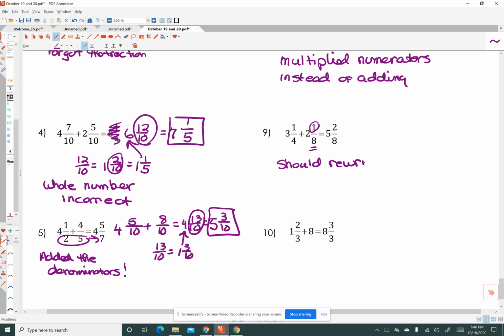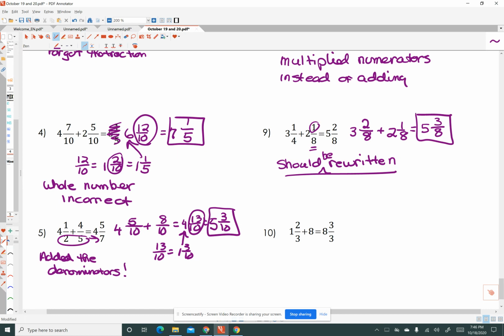So eighths is the correct new denominator, so it would be 3 2/8 plus 2 1/8 would equal 3 plus 2 is 5, 2 plus 1 is 3/8. So that's the problem there.